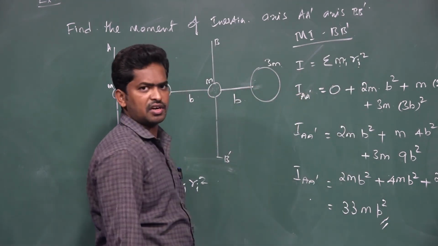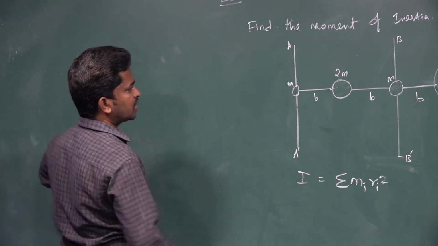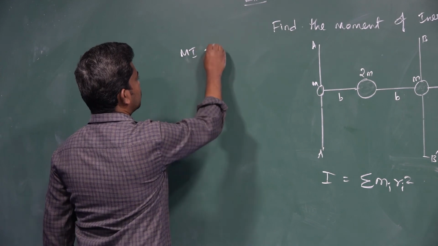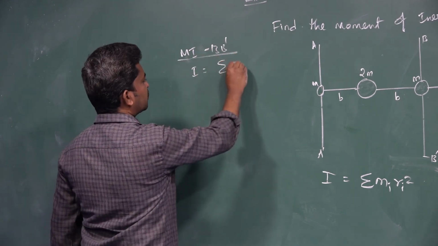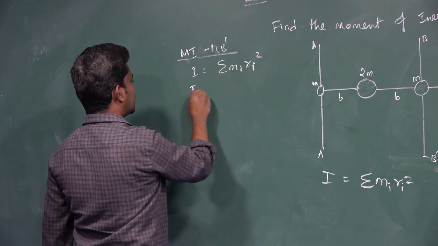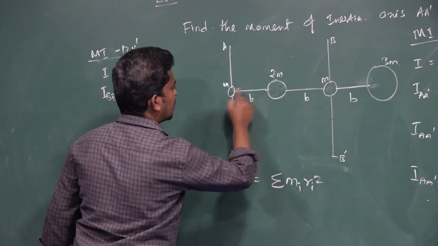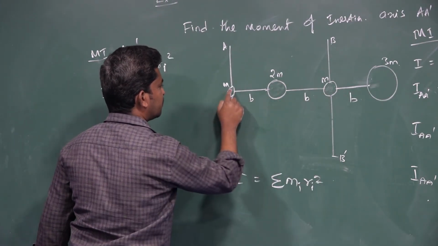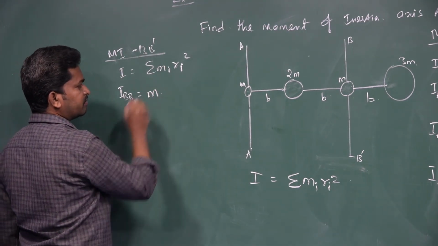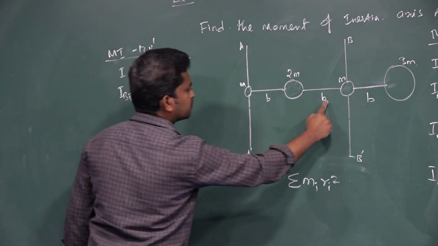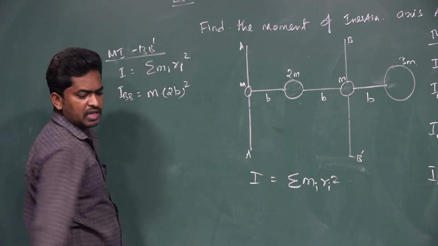I is equal to summation of m_i r_i square. Taking the summation from this point, this is the axis B dash. The first mass m has r value b plus b, so m into (2b) whole square.